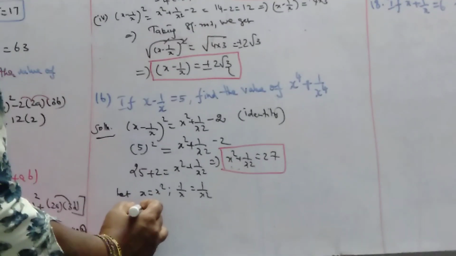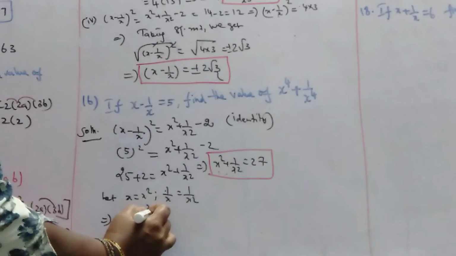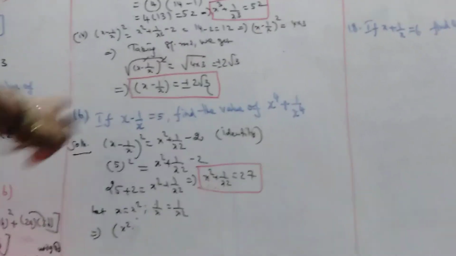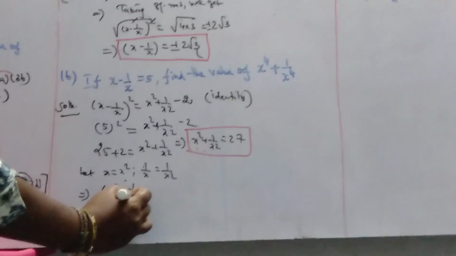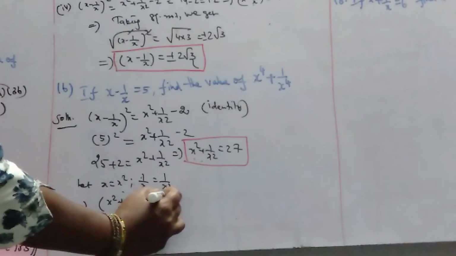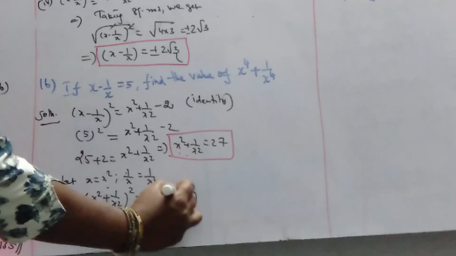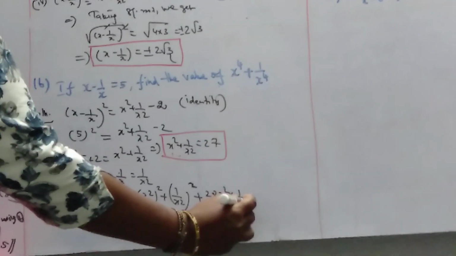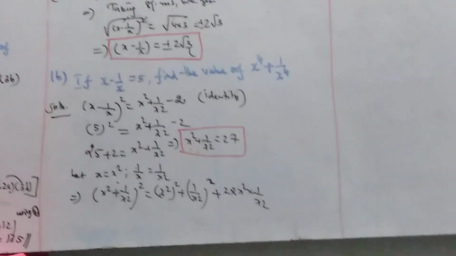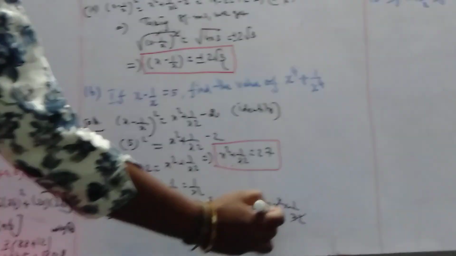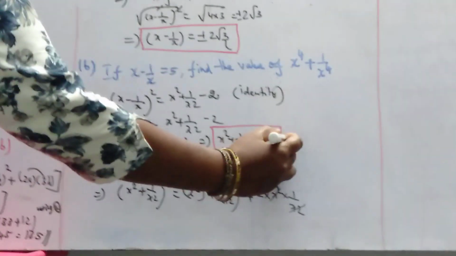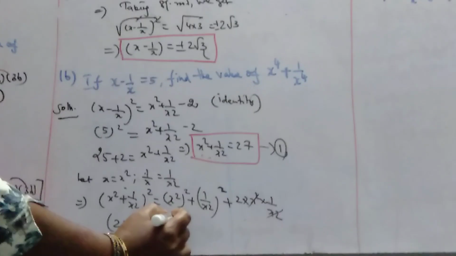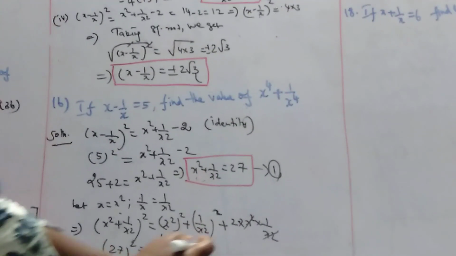Using (a plus b) the whole square, which equals a square plus b square plus 2ab, the 2ab term becomes 2 since a times b is 1, and we substitute. So 27 square equals x power 4 plus 1 by x power 4 plus 2.